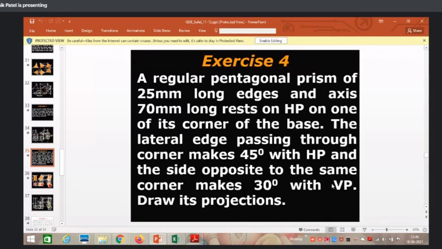In exercise number 4, where we write HP, you will write vertical plane instead. Clear? Yes, sir. So everyone can solve this problem in the vertical plane.